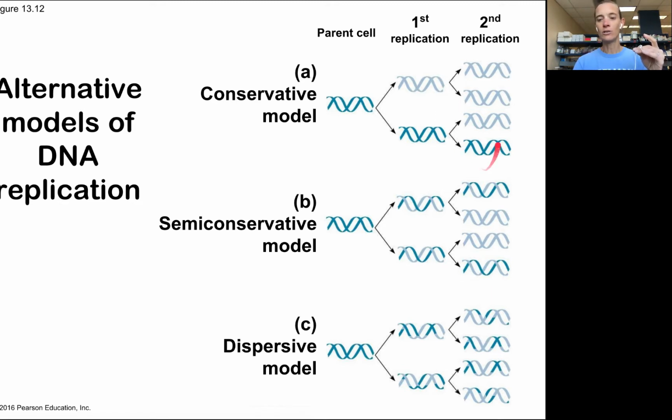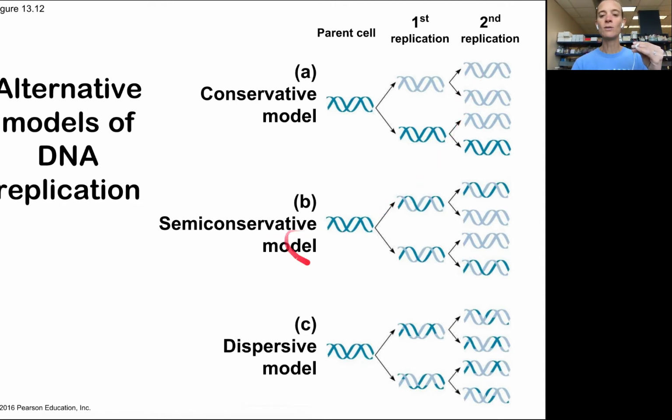Then in your second replication, the same thing happens, where your original parental DNA will be photocopied into a newly synthesized double-stranded DNA, and the other daughter cell's DNA will again be photocopied somehow.